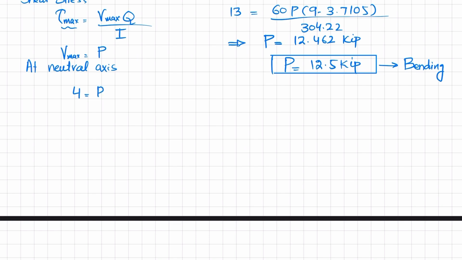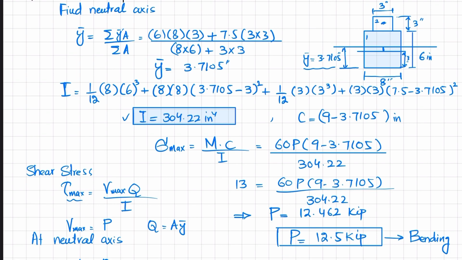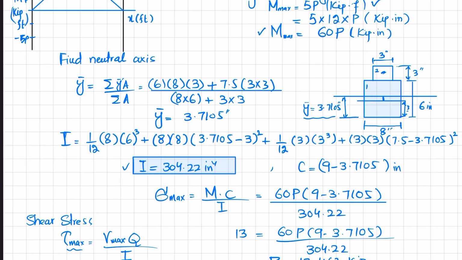We know that Q is equal to A into Y dash. Clear? So this is your neutral axis. So the area above or below is the maximum area. This area is equal to 8 multiplied by 3.7105, and its centroid distance Y dash will be half of this.